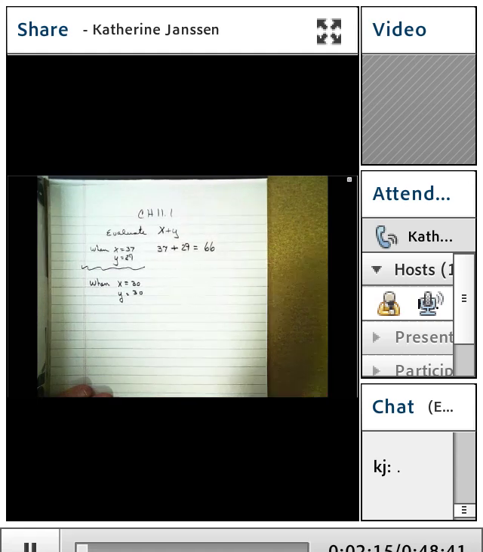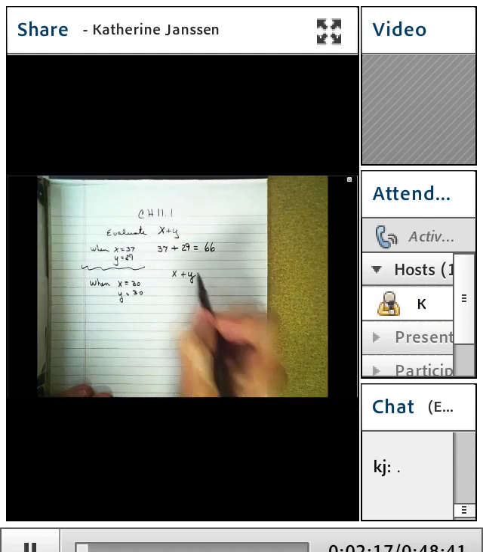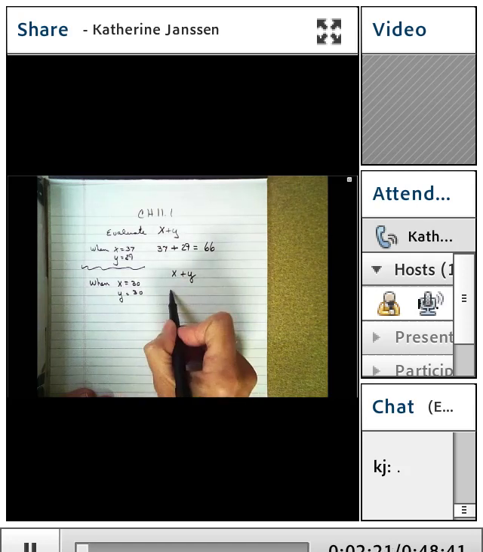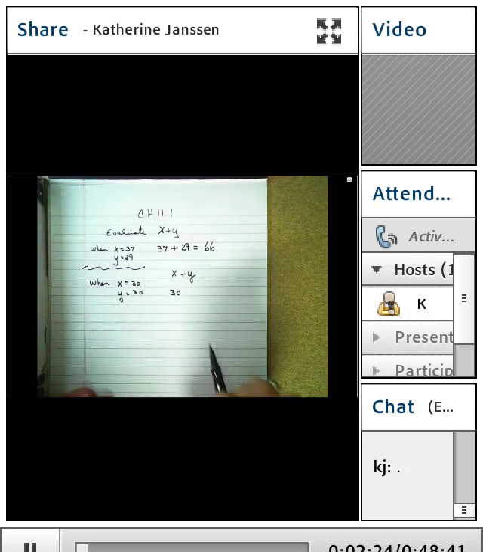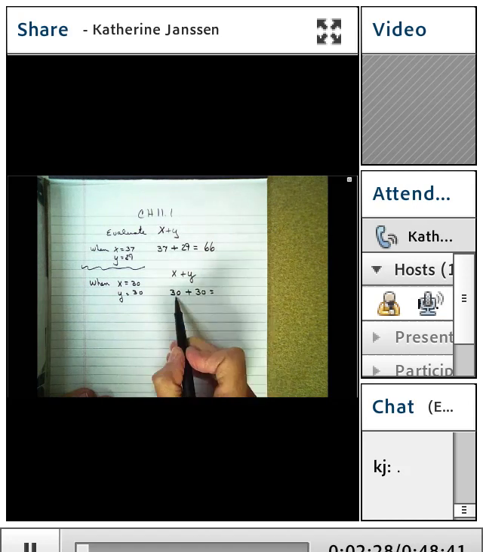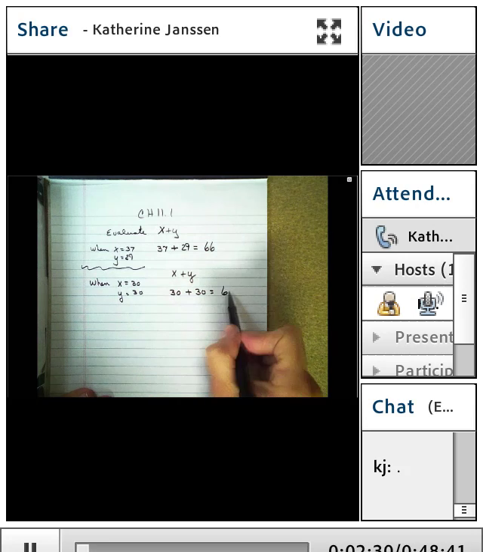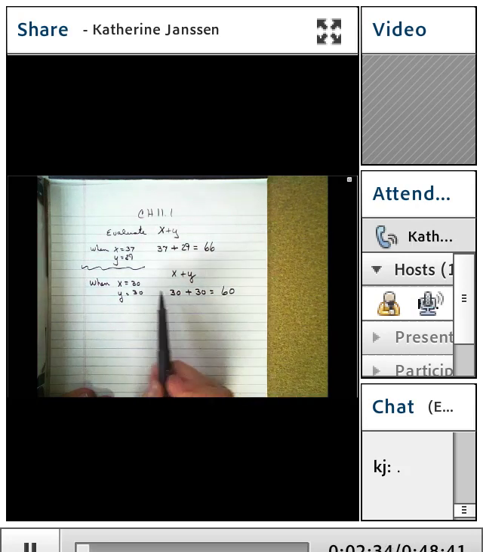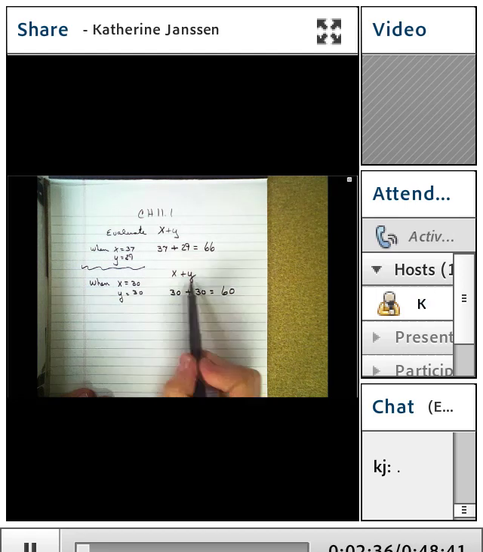So we're going to substitute back into our expression, substituting very carefully. For every occurrence of x, I'm going to substitute 30, and for every occurrence of y, I'm going to substitute 30. And 30 plus 30 is 60. So at this point in time, when x is 30 and y is 30, my expression evaluates to 60.